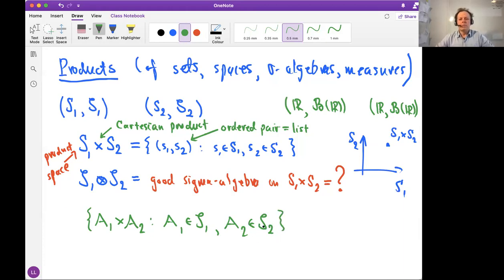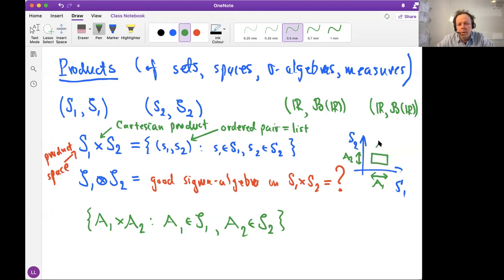This is what produces something in the product space. So if you think that here we have an A1 and here we have A2, a subset of S2, this is a measurable set there, this is measurable in this space. So then the product looks like a box here.